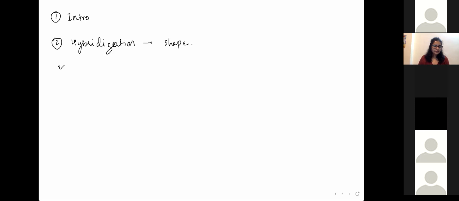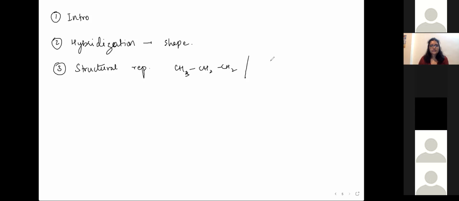And the third is we're going to talk about the structural representation, the different types of structures and the way they are represented. One is something like this that you're familiar with.